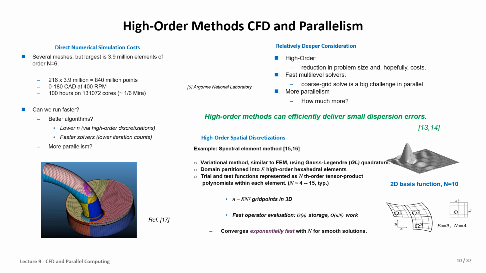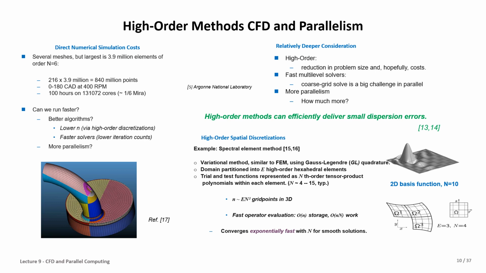Therefore, we need fast operator evaluation for the storage and for the work, and it converges exponentially fast with N for a smooth solution. This example description of the method tells us that choosing the high order method could lead to an accurate solution and maybe make it faster.